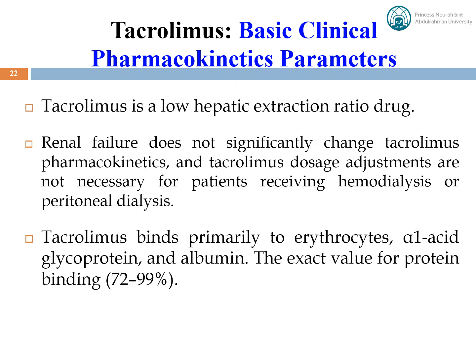Tacrolimus is a low hepatic extraction ratio drug. In the case of renal failure, renal failure does not significantly change tacrolimus pharmacokinetics because, as we have mentioned previously, it is more than 99% eliminated by the hepatic route.